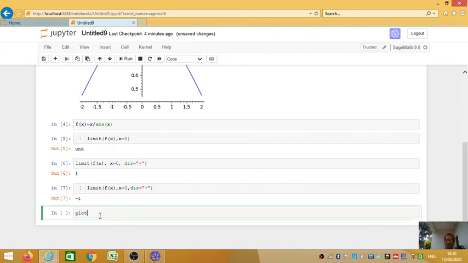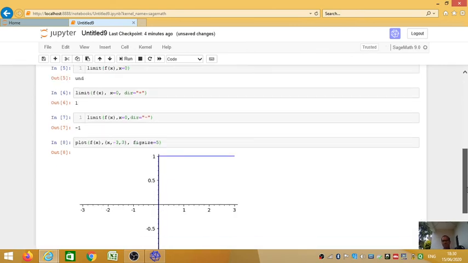Now I will plot the graph of this function. Why? It is undefined, right? So we'll see. I will give the x range of this graph. You can take -3 to 3. Okay, no problem. And I will take figure size equal to 5, right? And we will see the output of this function.